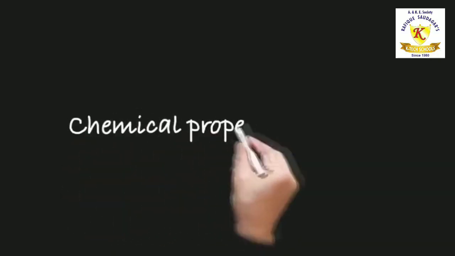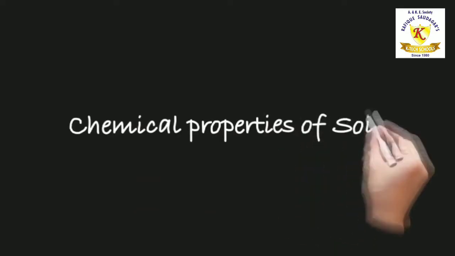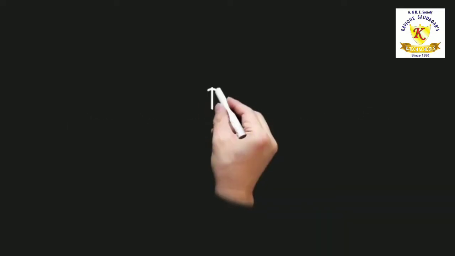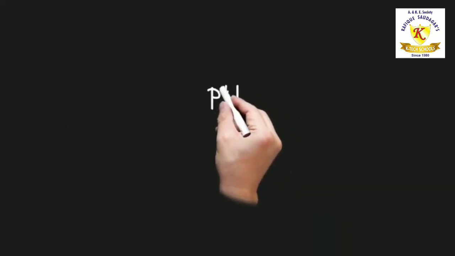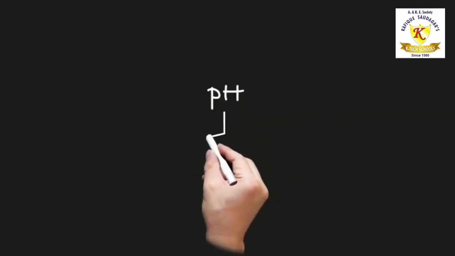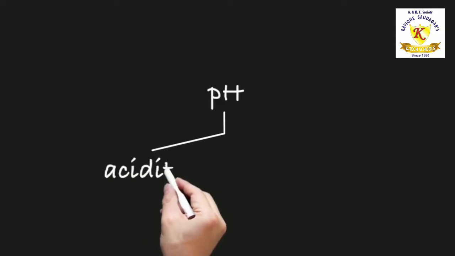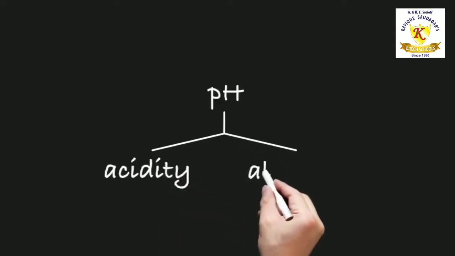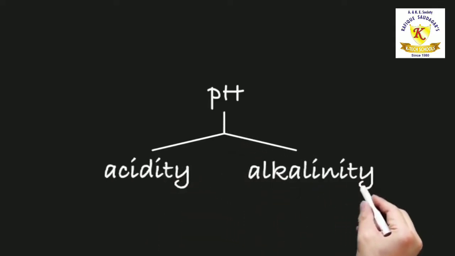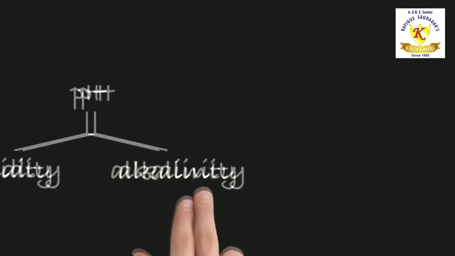Now, the chemical properties of soil. The term pH is used to indicate the level of acidity or alkalinity of the soil.